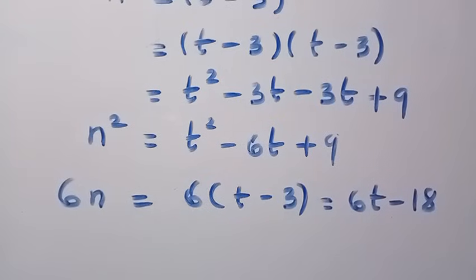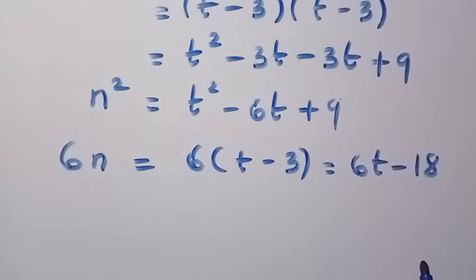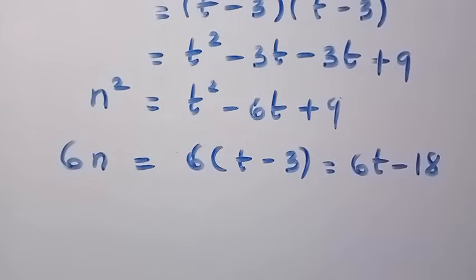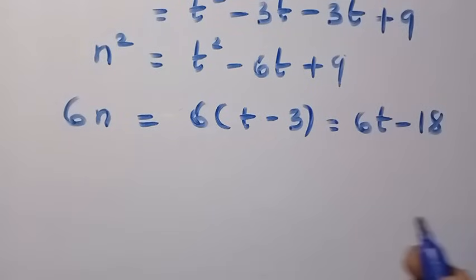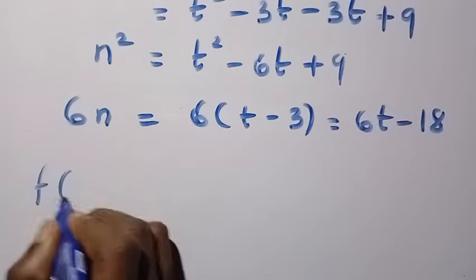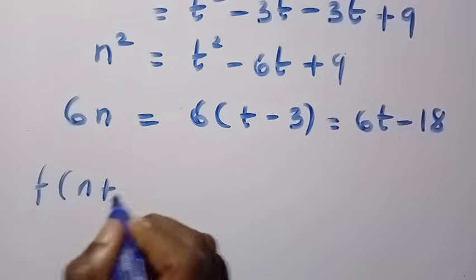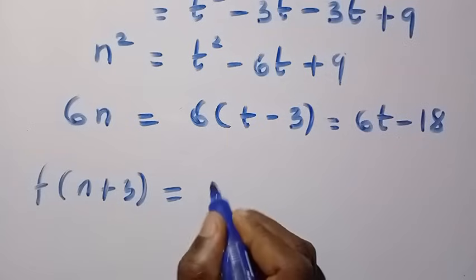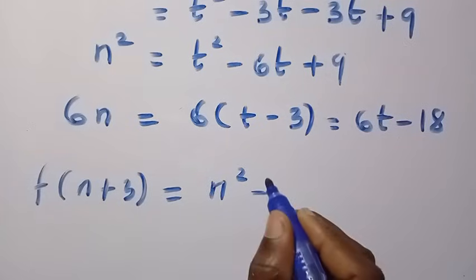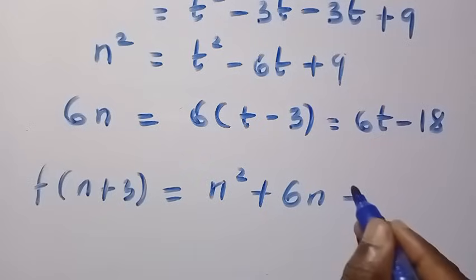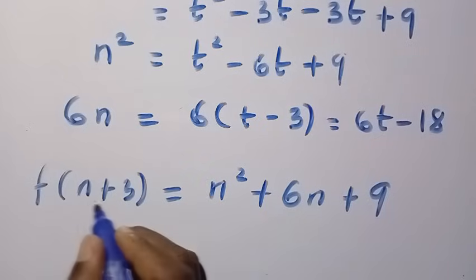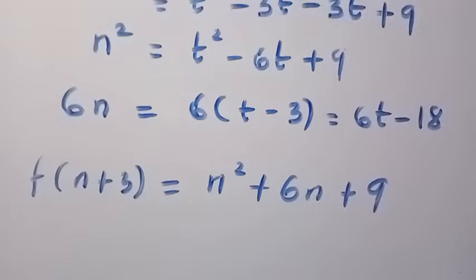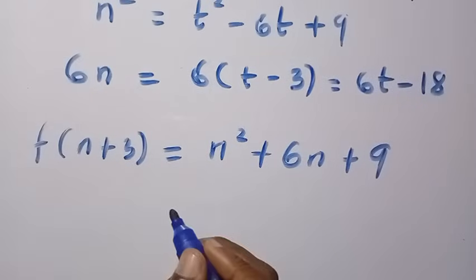Then we also have 9, and that one is just a constant term there, so we leave that one like that. Therefore, we come back to the function, which is f of n plus 3, which gives n squared plus 6n plus 9. But n plus 3 here has been set above to be t.